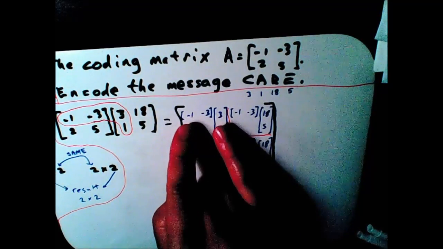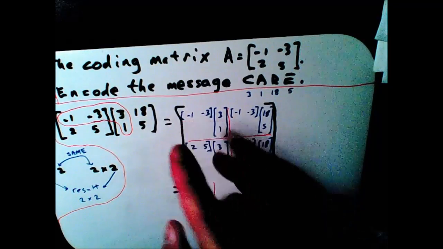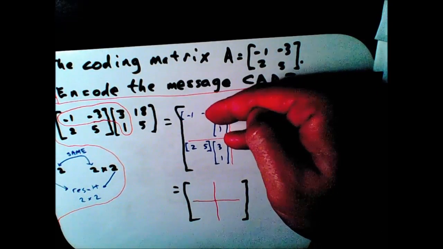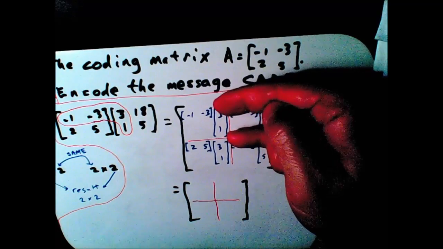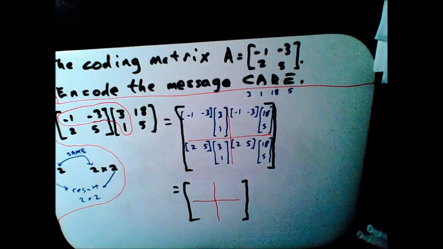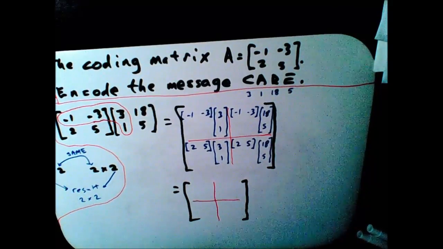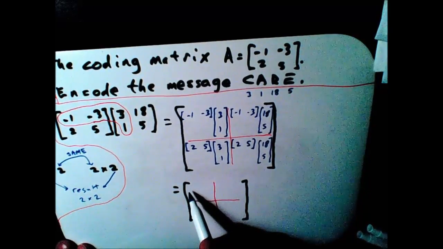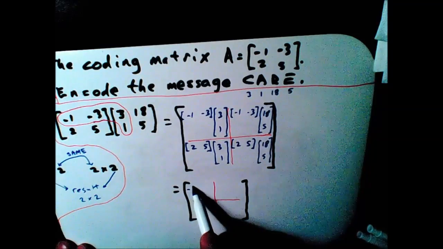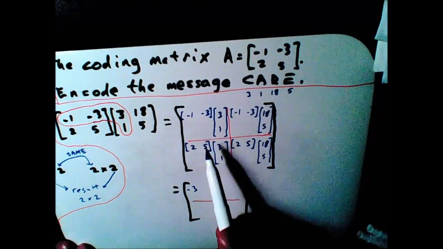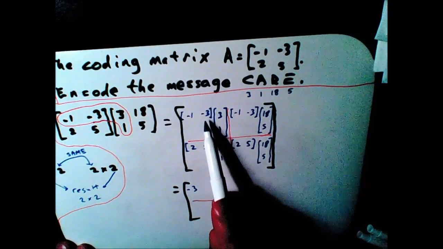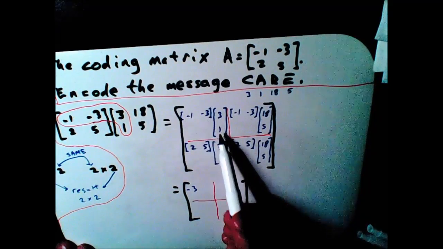In this case, it's going to be -1 times 3. And then we're going to multiply -3 by 1. Both of those products are -3. And we'll add those. So we've got a -3 for the -1 times 3, first entry in each, and a -3 for the -3 times 1.